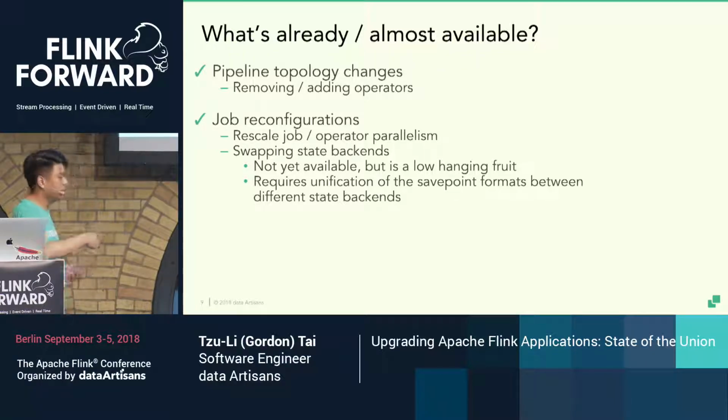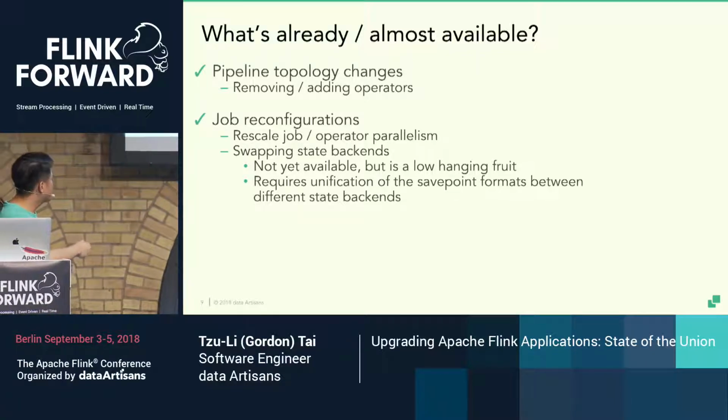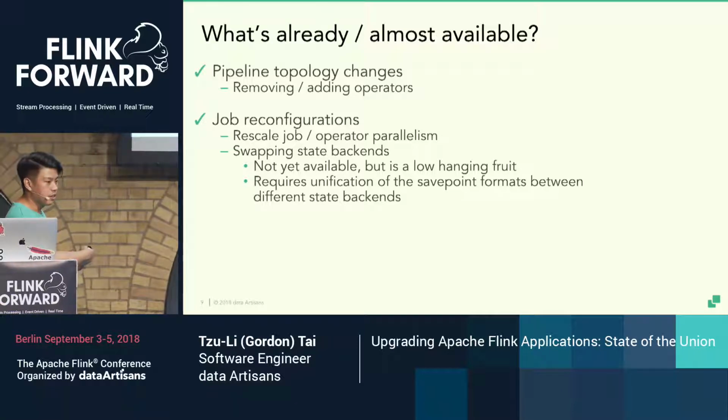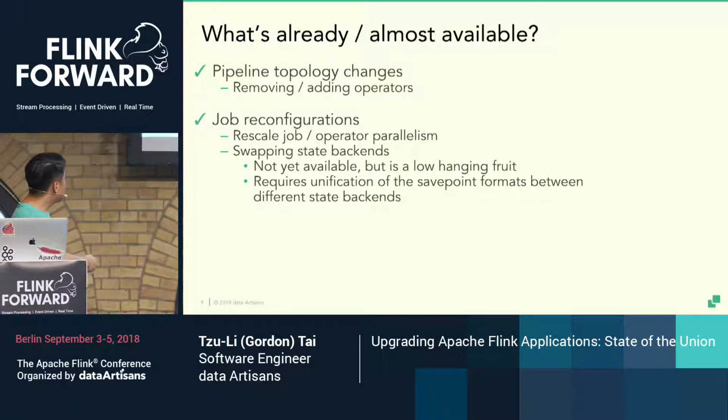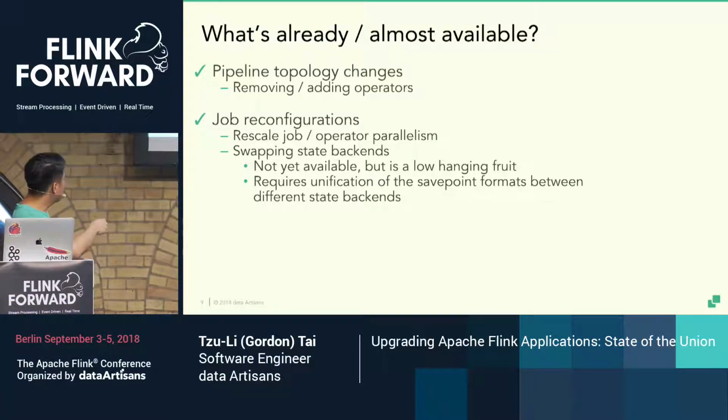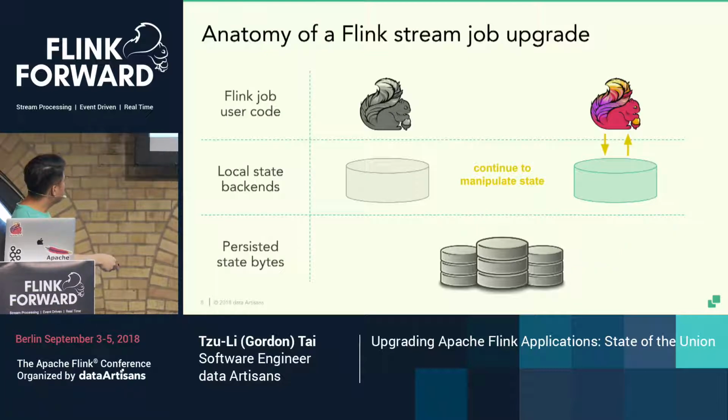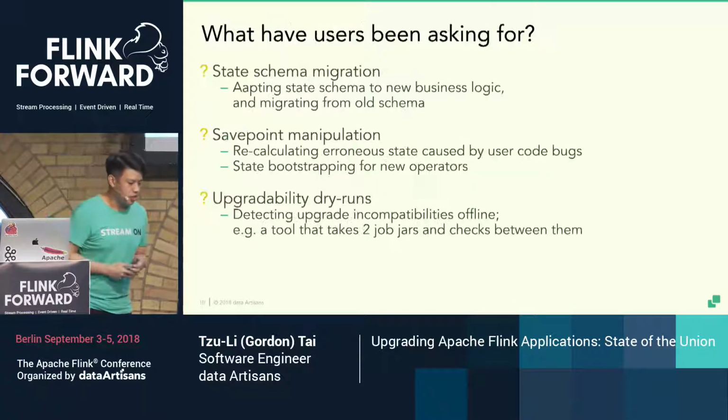It's actually very simple. We just need to unify the savepoint formats between the different state backends, since right now they have slightly different state formats. This is also related to another feature that I'm going to mention right now.